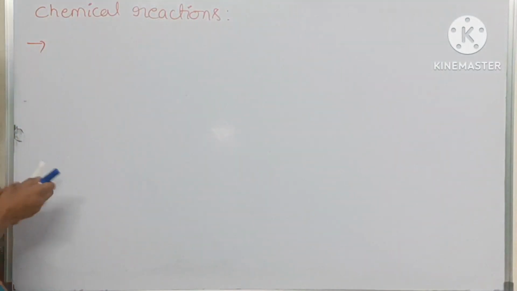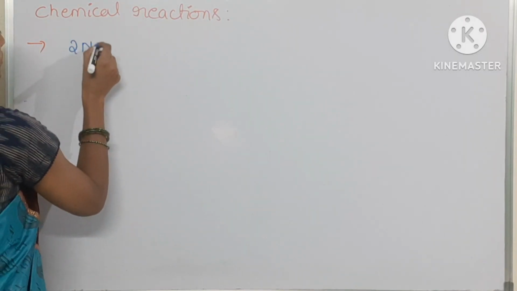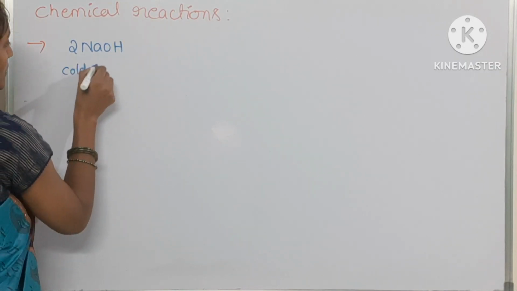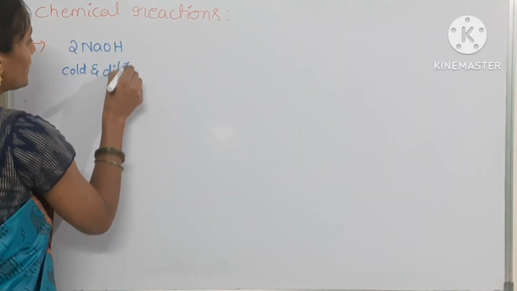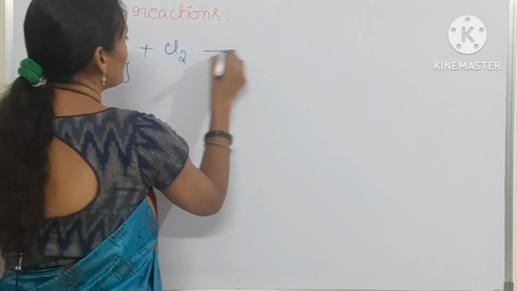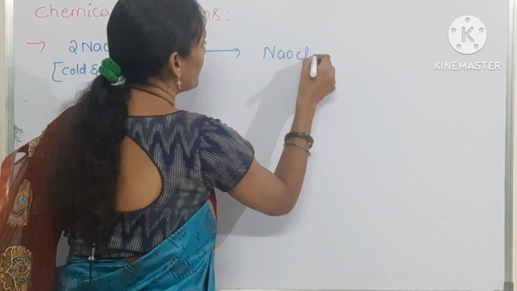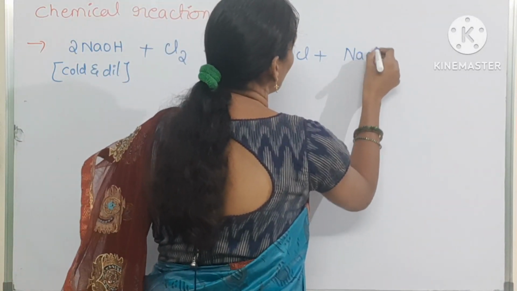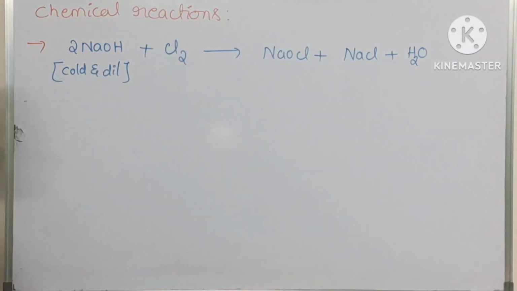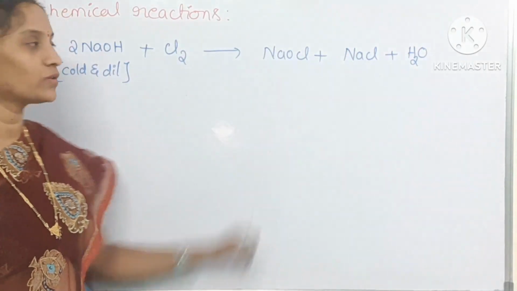You can see what are the products in these two cases. 2 moles of cold and diluted NaOH you can take, with Cl2 gas, you will get NaOCl, NaCl and water. NaOCl is sodium hypochlorite.